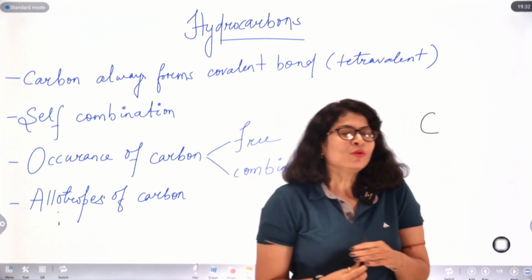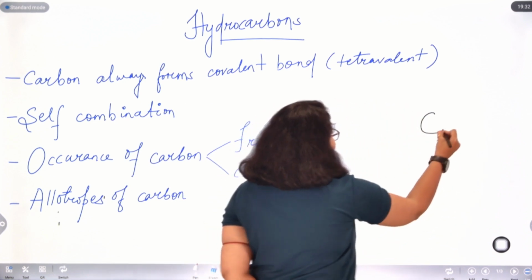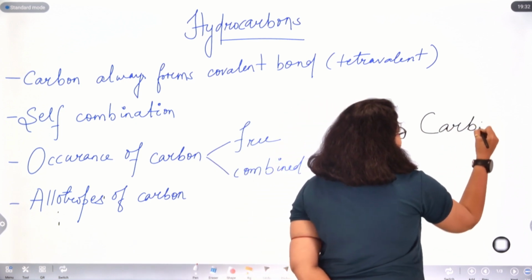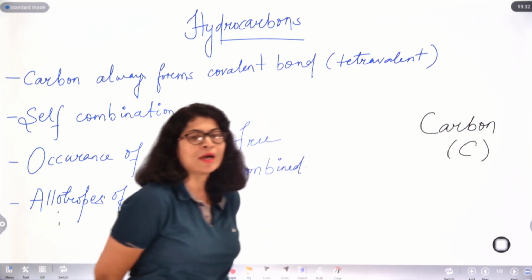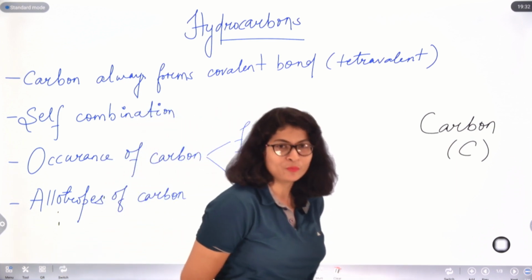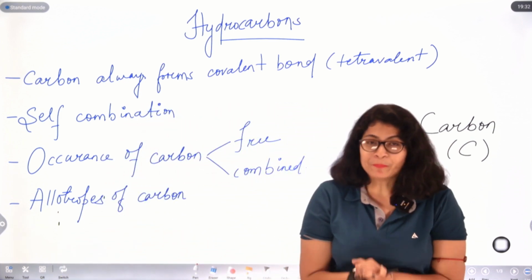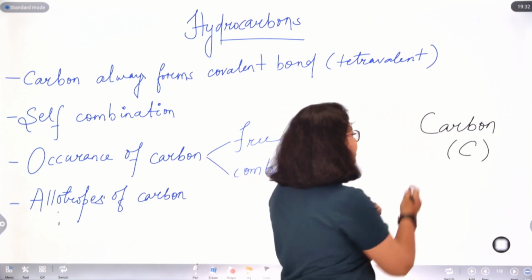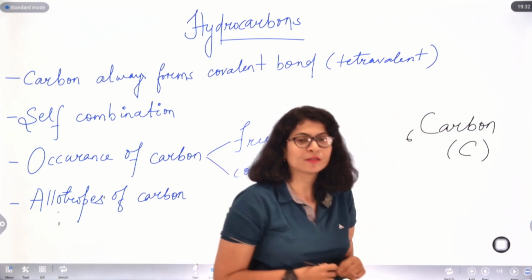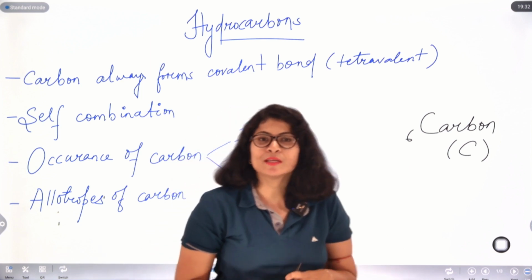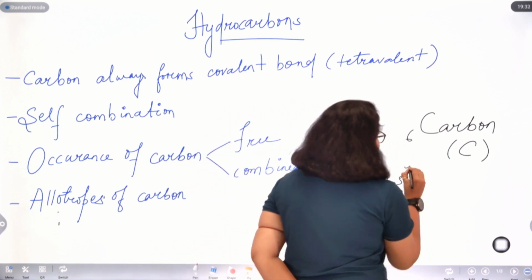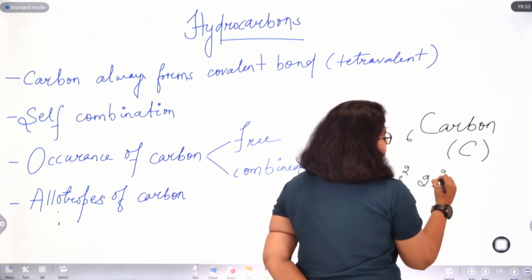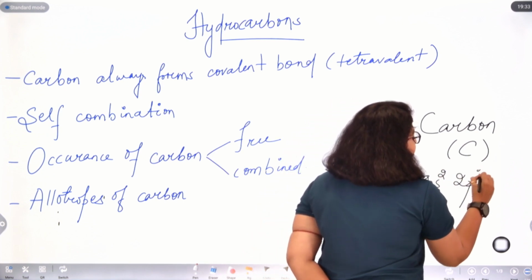Carbon is represented as C. Carbon is the first element of group 14 in the periodic table and it has atomic number 6. If we write the electronic configuration of carbon, it is 1s2, 2s2, 2p2.